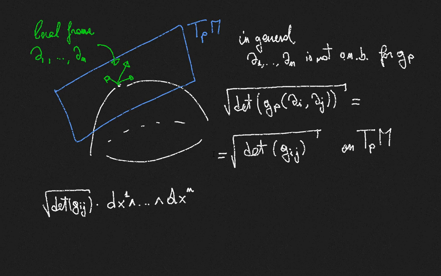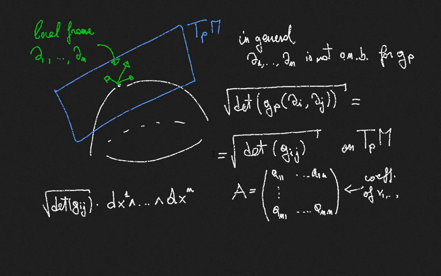Why? Well, because if you consider the matrix given by the coefficients of your n new vectors, so these are the coefficients of v1, ..., vn with respect to the standard basis we had, the local frame basis.